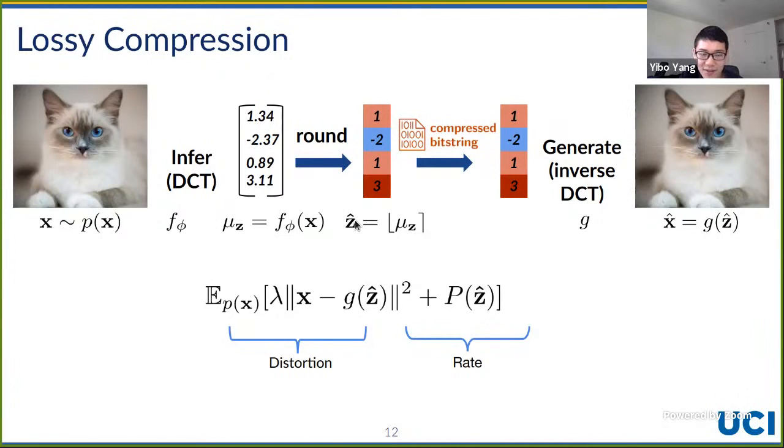So again, this z hat is the rounded value of these, which you can think of as the frequency parameters, or coefficients.